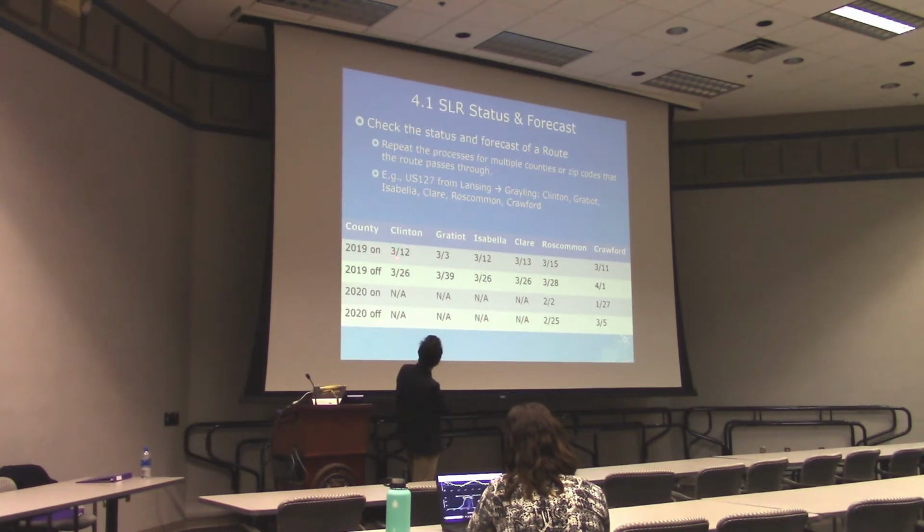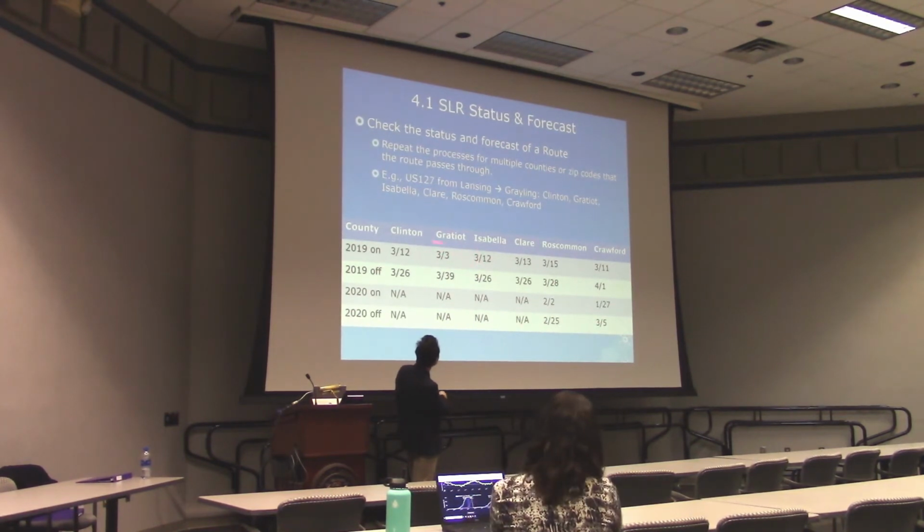For the on date, you see that this is March 12th, and the next one is a little different, it's March 3rd. Then when we go to Isabella, it's the same as Clinton. Going to Clare, it's very close, 1 day later than that. When we go to Roscommon, it's even later, and Prop Port is slightly earlier than these three.